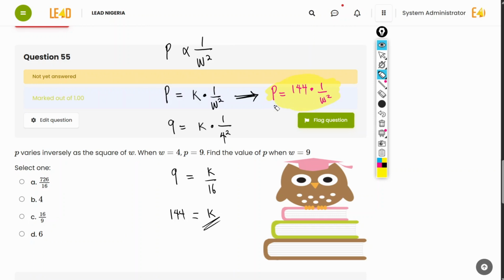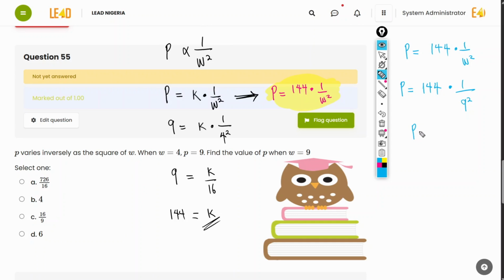Okay, now we're asked to find p when w is 9. So we'll just substitute 9 for w and solve to get p. We have p is equal to 144 times 1 over w squared. So when w is 9, p is equal to 144 times 1 over 9 squared.